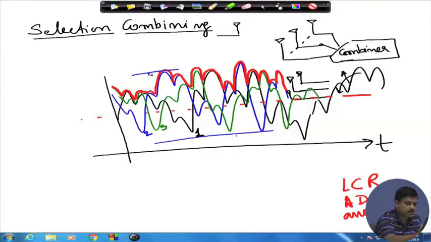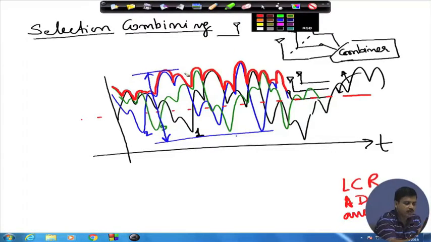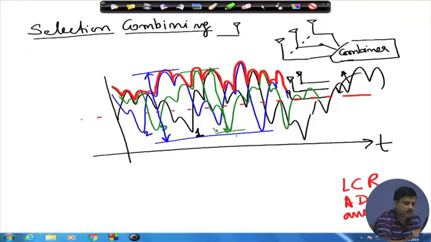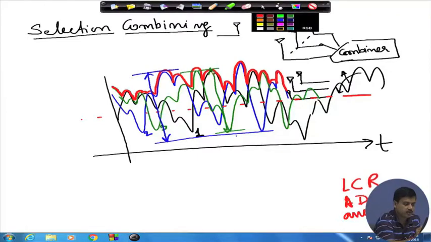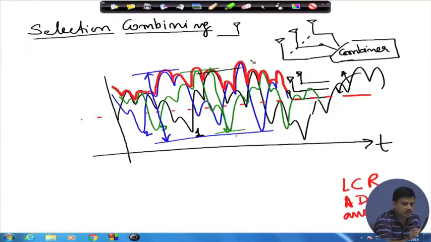This is the dynamic range of the blue signal. If we look at the green signal, the dynamic range is from here till here, almost similar. If we look at the black signal, it is also very similar, at least in this window. It starts from here and goes till here.